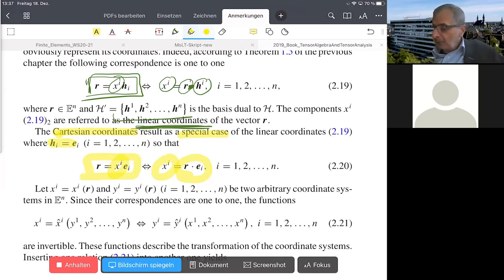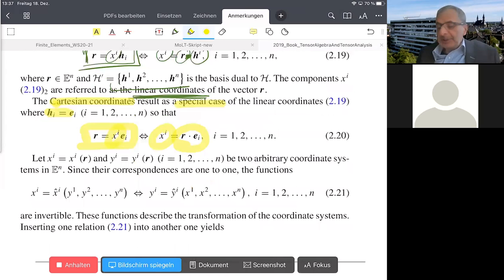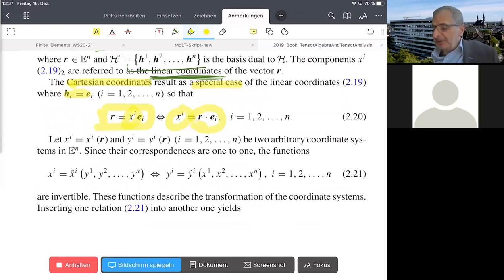Okay. Now we consider the following. Let us discuss two arbitrary coordinate systems, x and y. You see, these are two arbitrary coordinate systems, right?